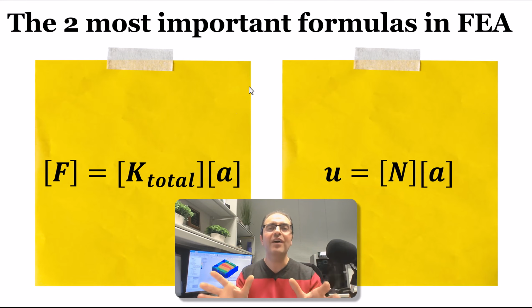So these two are extremely important, and that's why I'm telling you, if you are an engineer who wants to run a reliable and computationally efficient finite element model, you need to be familiar with these two. They will give you a lot more insights about the finite element simulation.